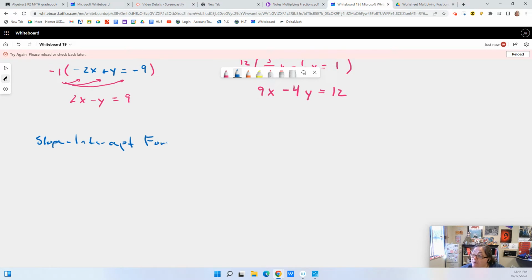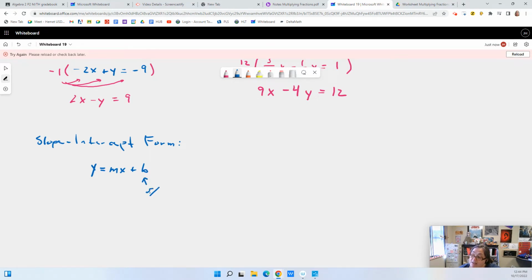Slope intercept form, the reason we like this form is because it's useful. We could easily graph anything from slope intercept form. You guys know it as y equals mx plus b, right? And why it's useful is because it gives us a point on the graph.